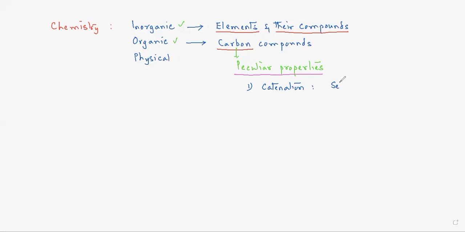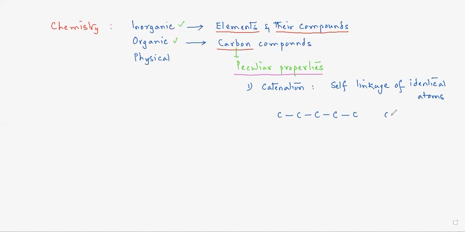Catenation is nothing but, in simple terms, the self-linkage of identical atoms. Self-linkage. Carbon with carbon, carbon with carbon, carbon with carbon.